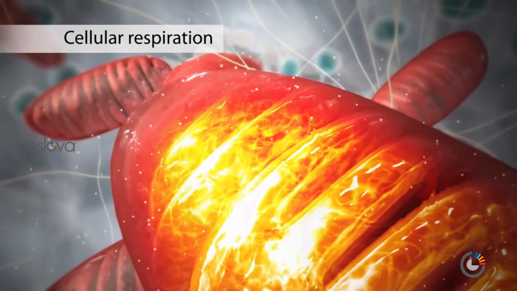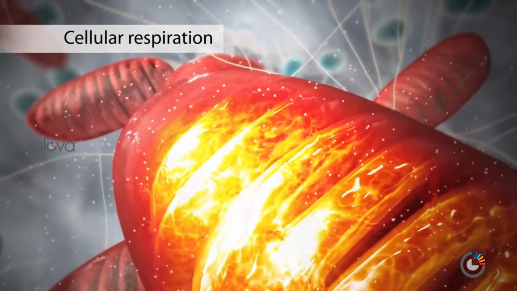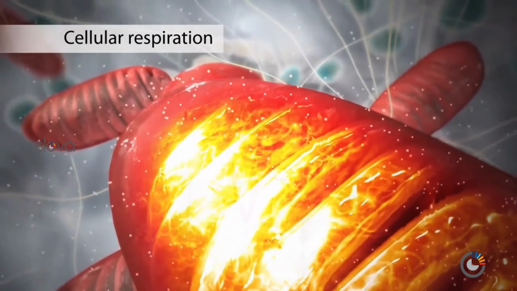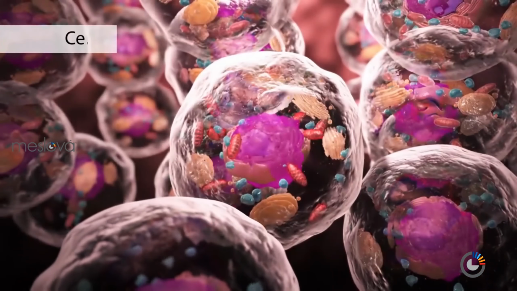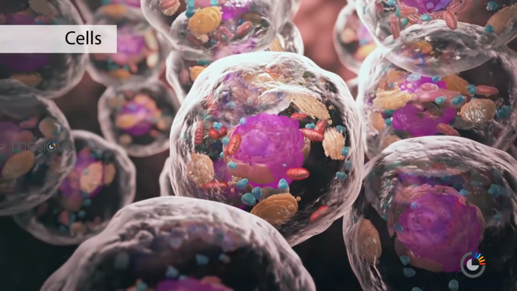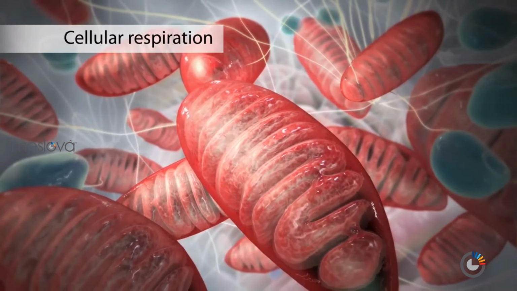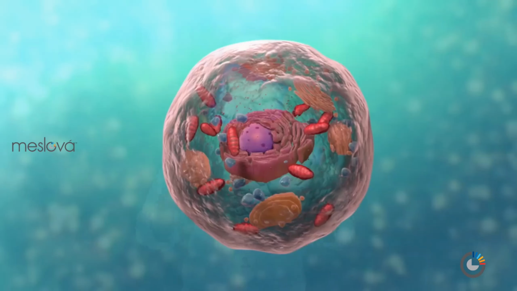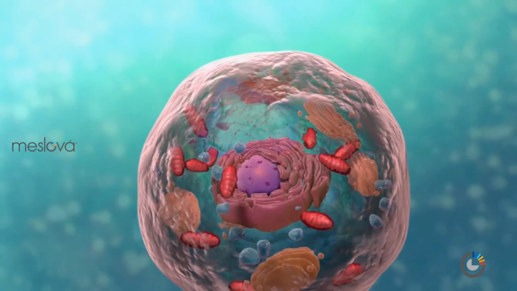Hence, cellular respiration is needed to produce energy. We know that our body is made up of trillions of cells. All these cells are involved in the manufacturing of energy through cellular respiration, and this energy is produced within our cells.